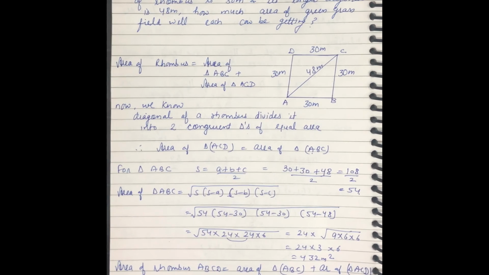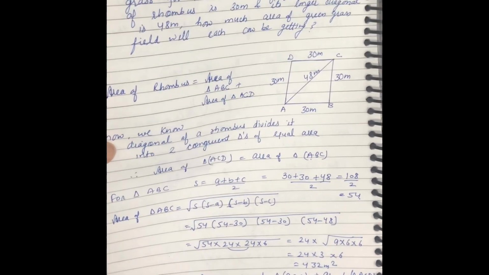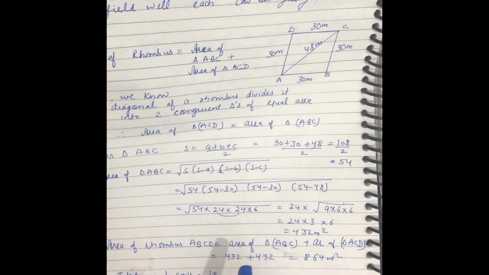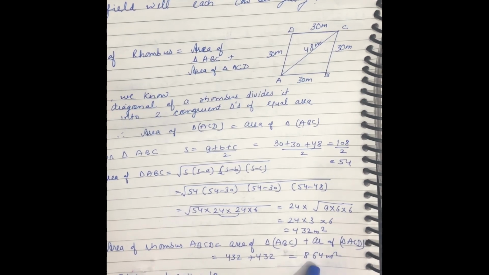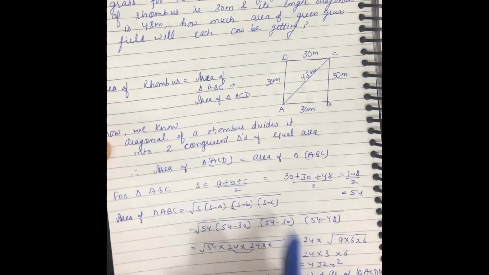So 864 divided by 18 is equal to 48 meters square. So 48 meters square area will each cow get. Area divided by number of cows will be our answer.